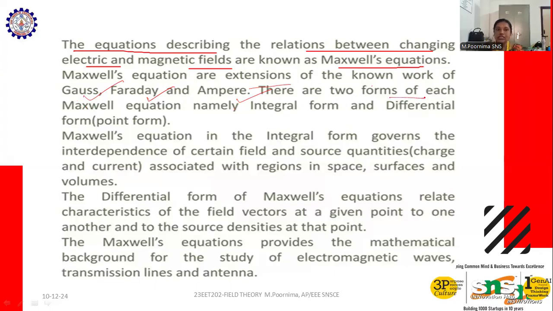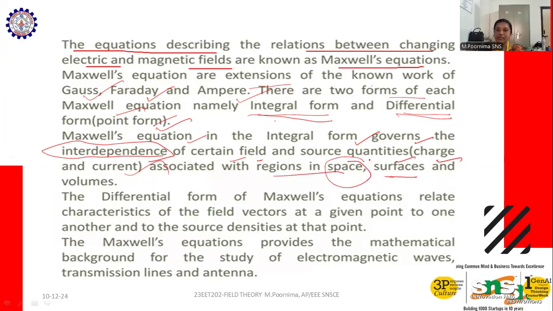Each Maxwell equation has two forms, namely the integral form and the differential form, also known as point form. Maxwell equations in the integral form govern the interdependency of certain field and source quantities, such as charges and current, associated with a region of space, surface, and volume.